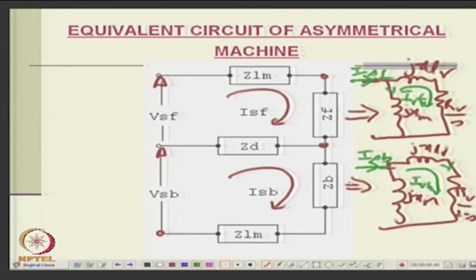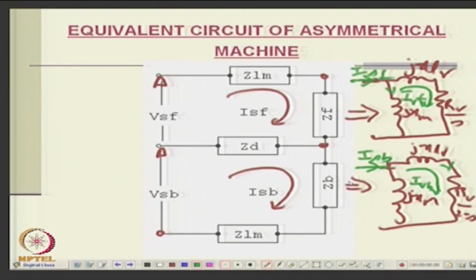What is the significance of IRF IRB? These are the currents where? In the rotor. IRF IRB are currents in the rotor due to forward field and backward field. Forward field induces a current in the rotor. In a normal machine, when backward field is not there, there is no IRB.